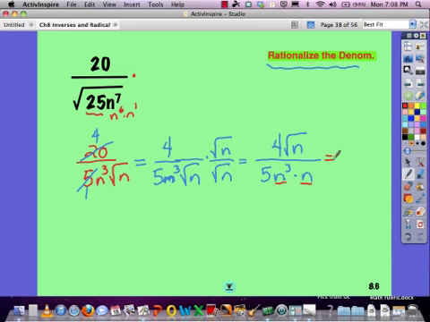So final answer, we're looking at 4 root n up on top. That's okay to have a radical in the numerator. It just can't have it in the denominator. And n to the third times n is n to the fourth. Final answer, 4 radical n up on top, all over the whole number, 5n to the fourth in the denominator. That's what rationalizing the denominator looks like with some variables involved as well.